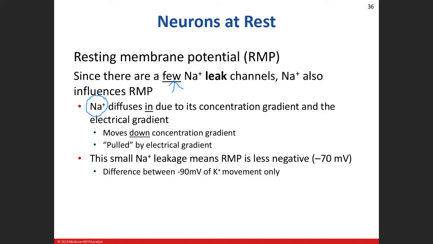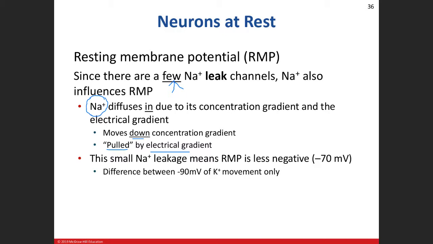So through its leak channel, it's going to go down its concentration gradient into the cell, but also you've got the electrical gradient. It's positive outside, but negative inside. So it's going to be attracted to that negative charge. So it's going to move down the concentration gradient, and it's also going to be pulled into the cell by the electrical gradient. Okay?